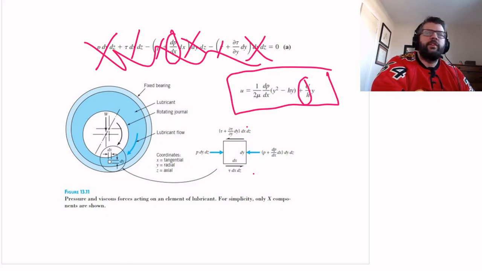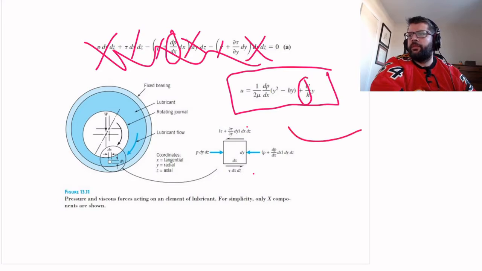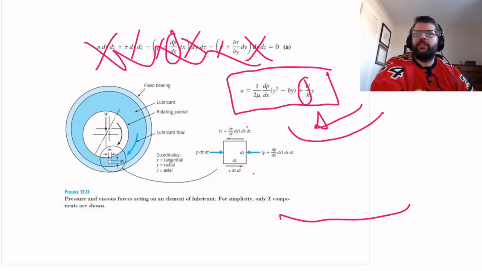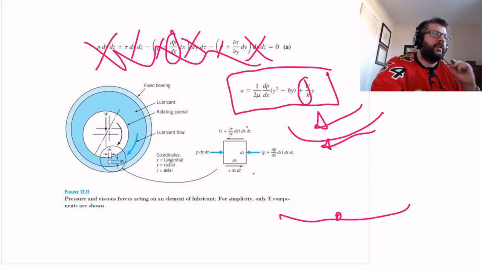And then boundary conditions are going to be that obviously at the top, this thing's rotating, so the fluid is going to be matching its rotation at that top, and then at the bottom, the bearing side, the velocity is going to be 0.